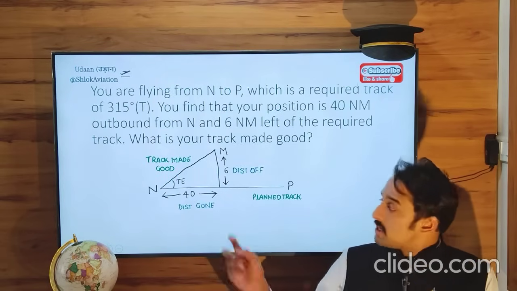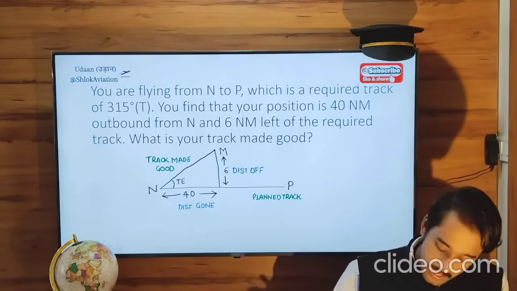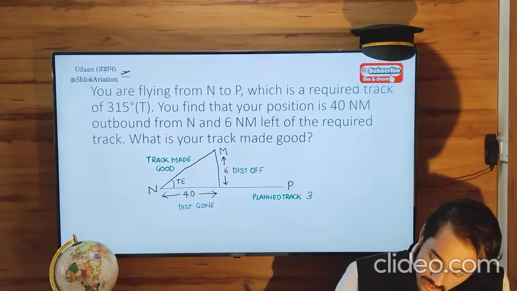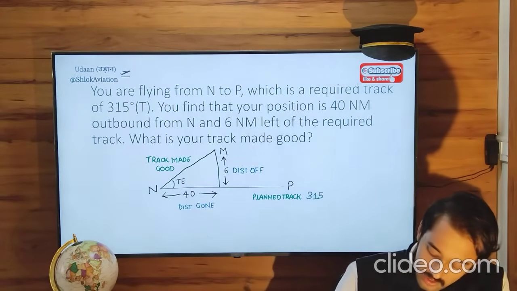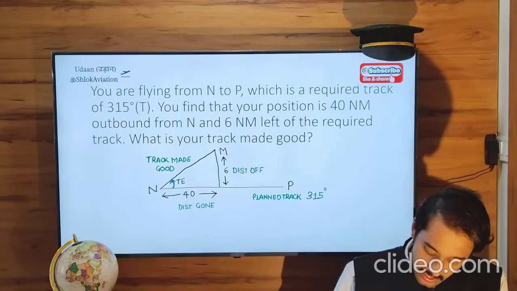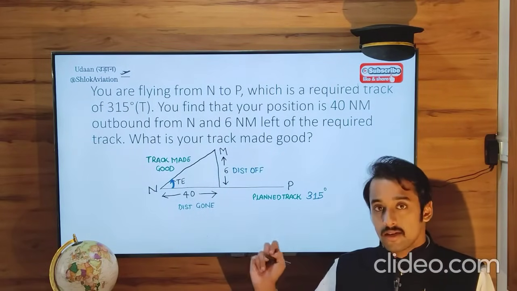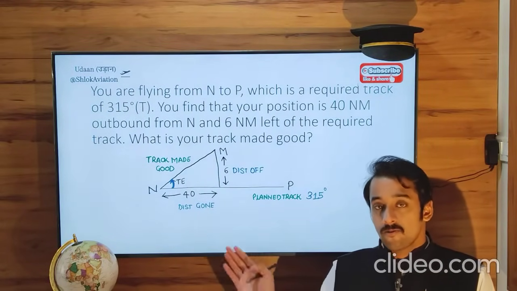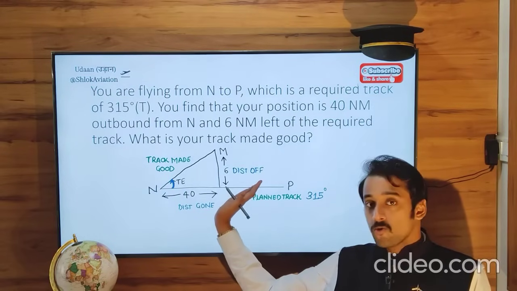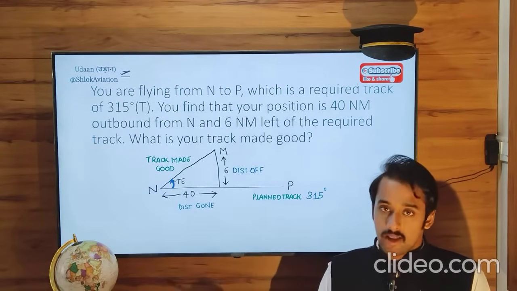Now your planned track direction is 315 degrees. And now your track made good is to the left hand side of planned track. So when you move or fly anti-clockwise, the directions decrease in value.